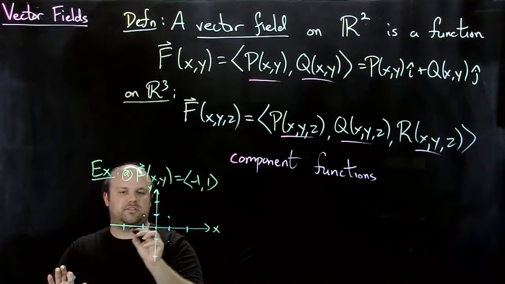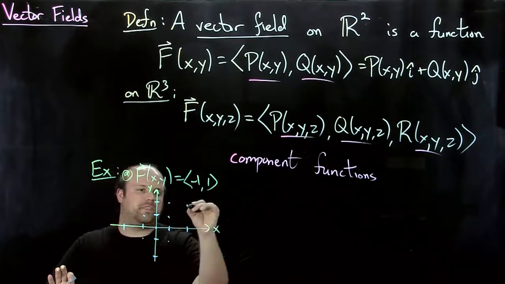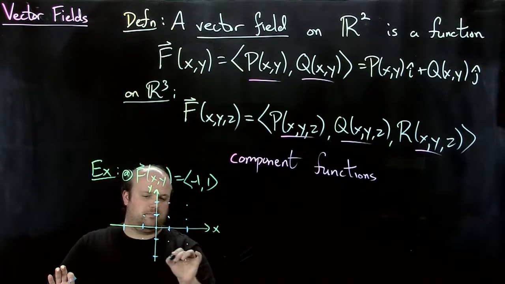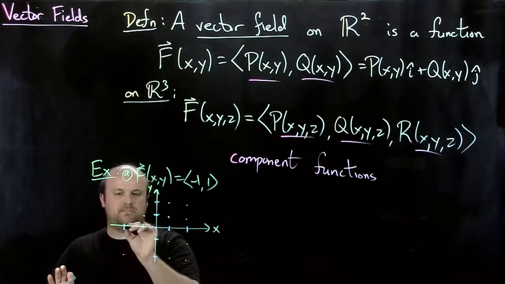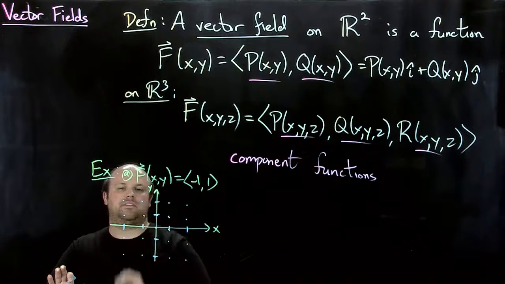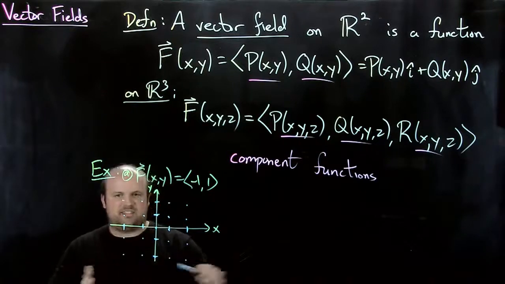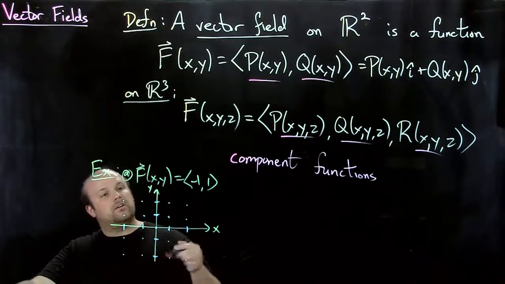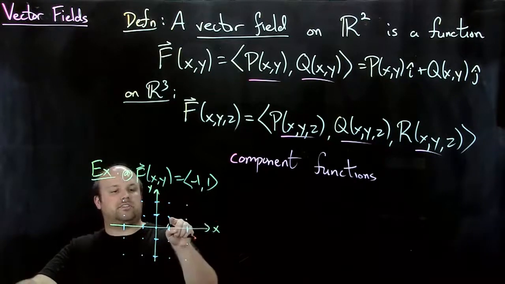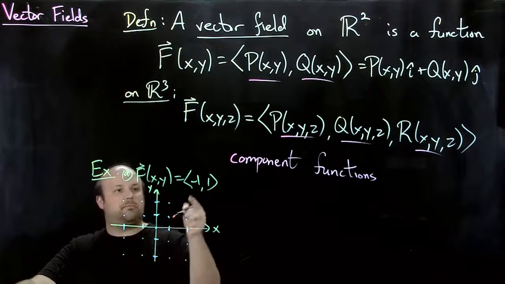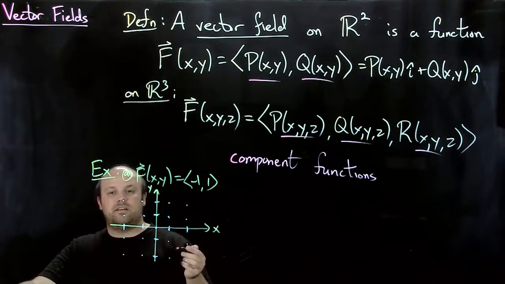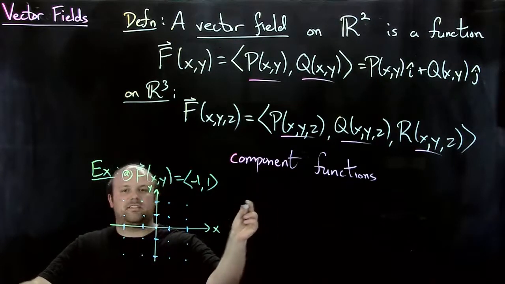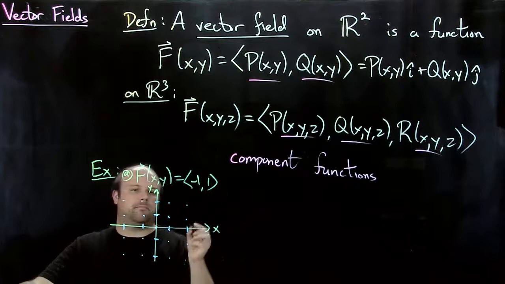Right, so get a whole bunch of them here. If you're doing it by hand, you don't really need to do this many. So I won't graph all of these, but just take some selection of points here. If this weren't constant, you could just take the point here and plug it in. But they're all minus 1, 1, and a minus 1, 1 vector goes to the left 1 and up 1.